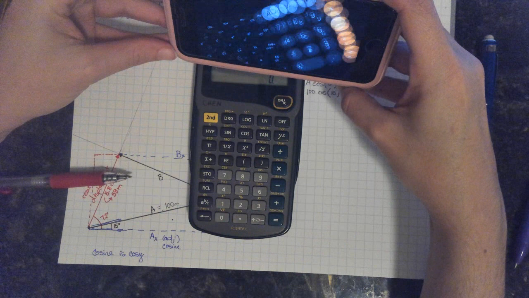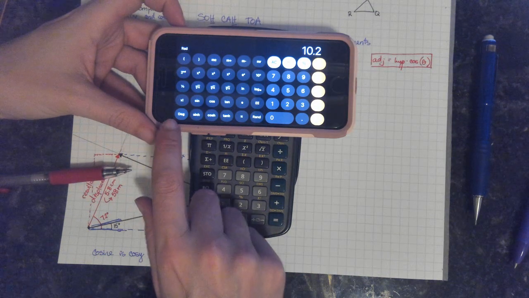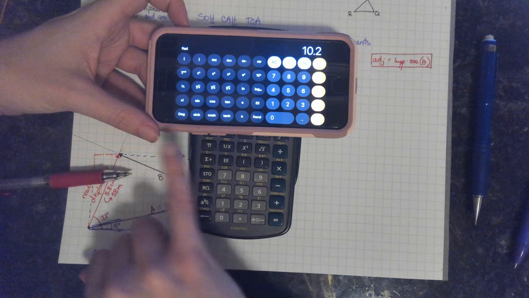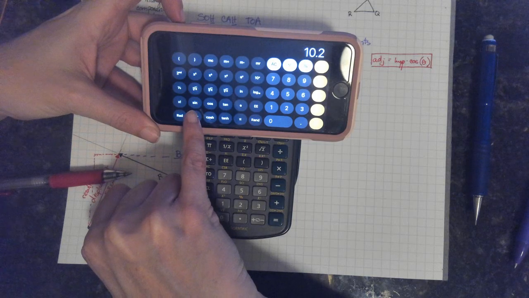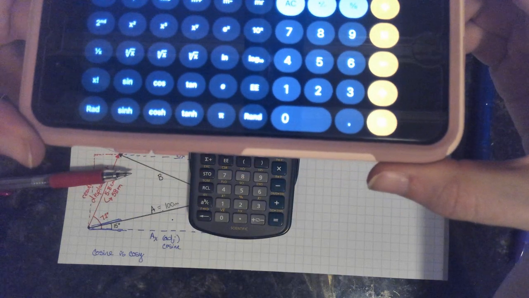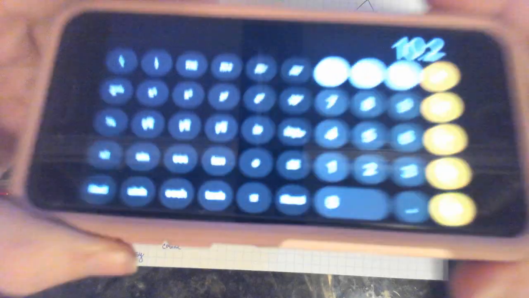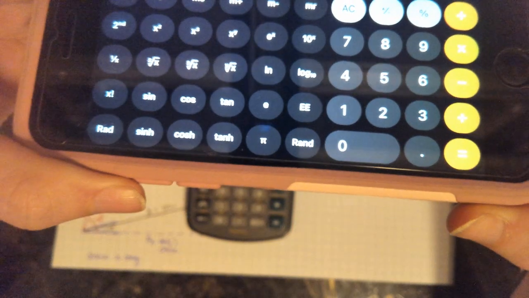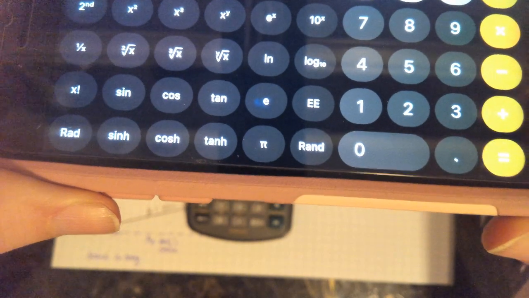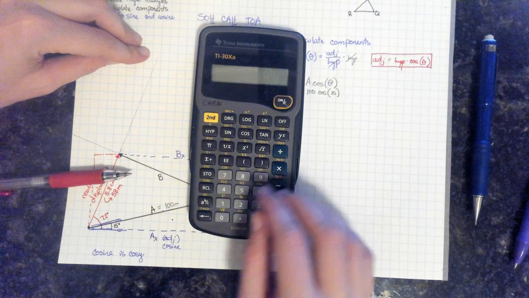You just need to turn off the rotate lock, and I just changed it to degree mode, but you have sine, cosine, and tangent in your calculator. But just like this calculator, it's going to be a little bit backwards.